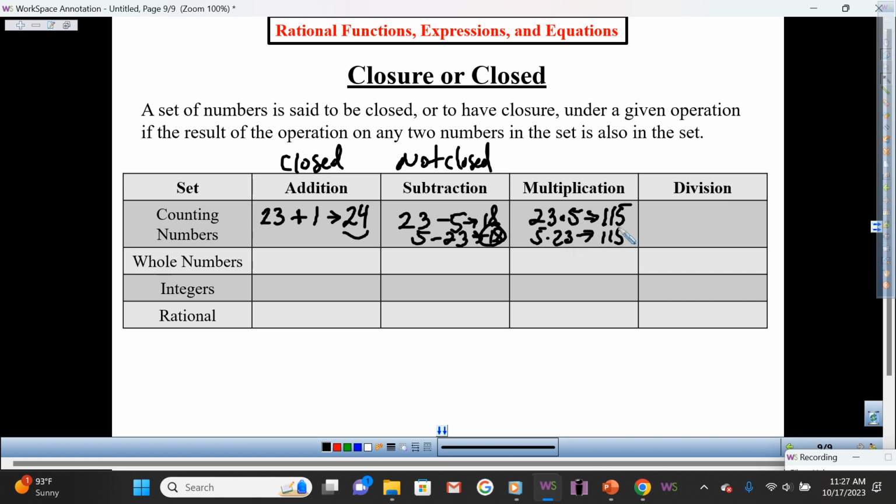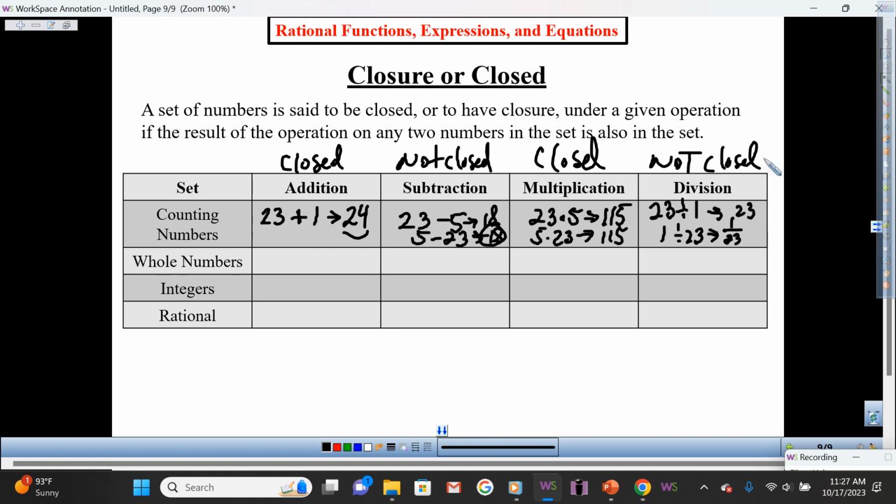Yeah, 115. So this is closed. Next, 23 divided by 1. What is that? 23. How about 1 divided by 23? What is that? 1 over 23. Is 1 over 23 a counting number? So this is not closed.